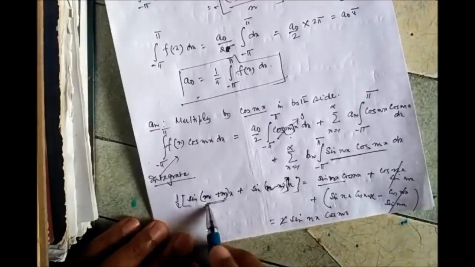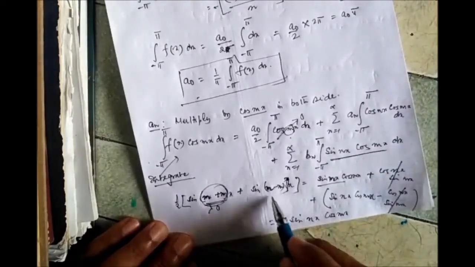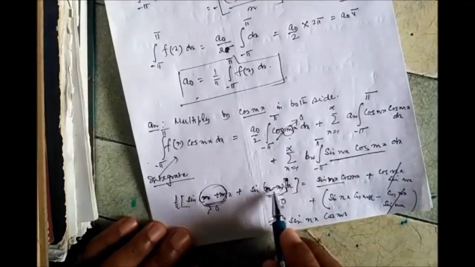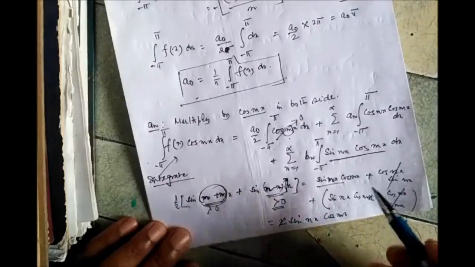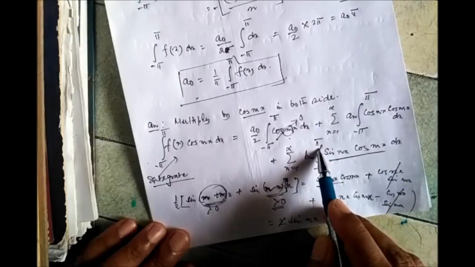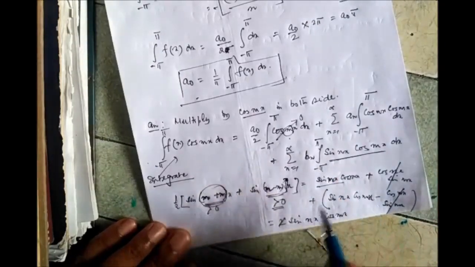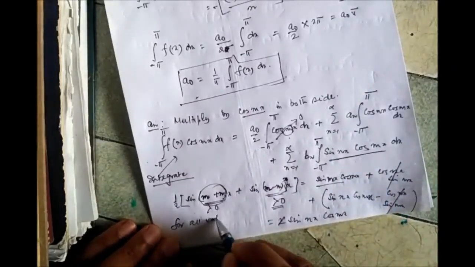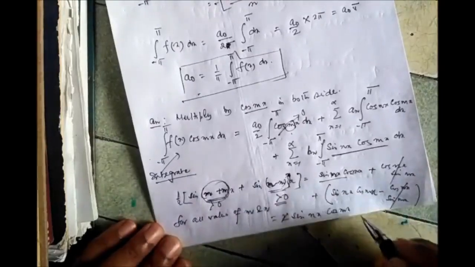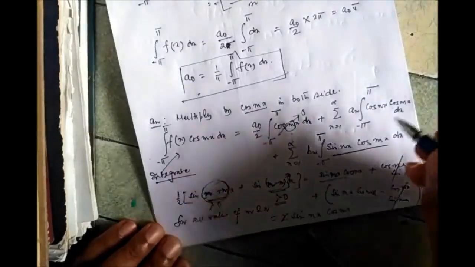Okay. So as this is a sine function, m plus n obviously greater than 0, m minus n again greater than 0. So both are sine functions, and I integrate this between the interval minus pi to plus pi. The value of this sin x into cos mx for all values of m and n always gives me 0.